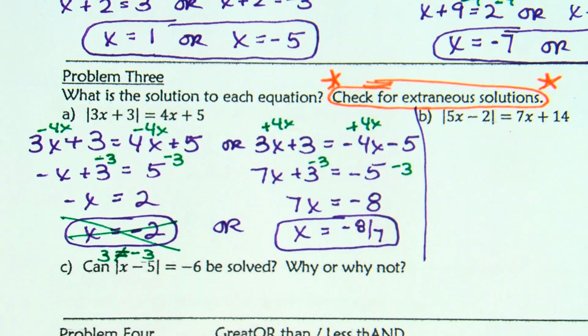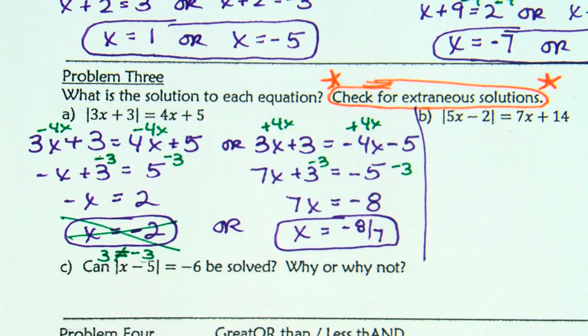Negative 24/7. If I'm trying to add 3, what do you have to have to add fractions? You guys are all going calculator. In order to add fractions, we have to have a common denominator. Common denominator is going to be 7. How does 1 become a 7?